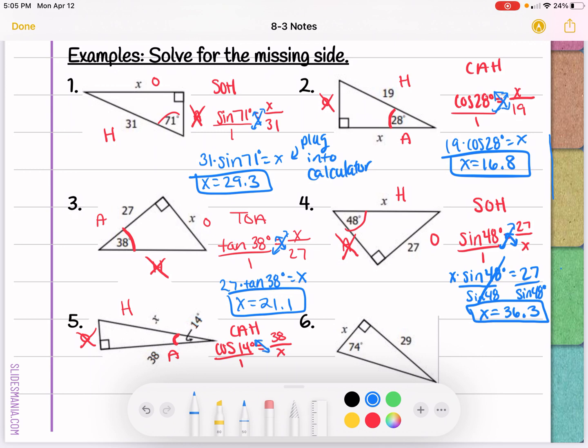So I get X cos 14 equals 38. And then since I want to get X by itself, I'm going to divide both sides by cos 14.